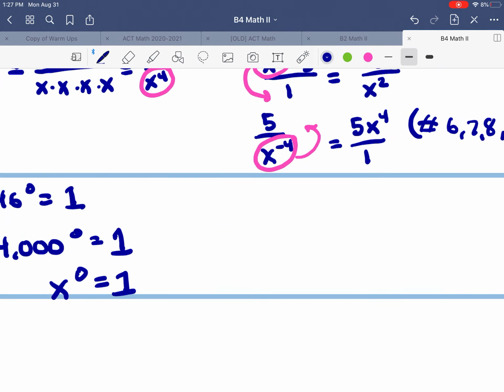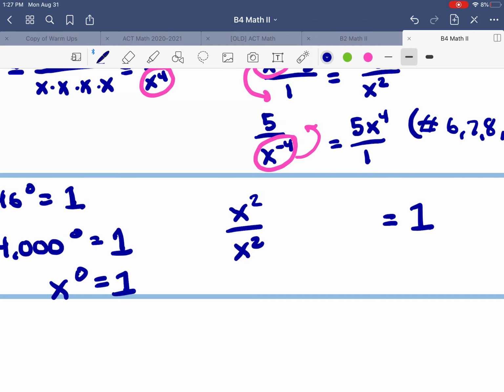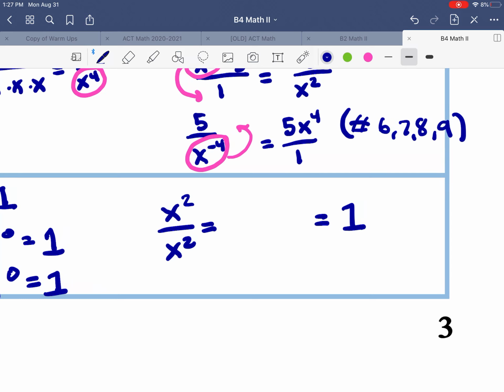they looked at things like x squared over x squared. When we look at this fraction, we know, because of normal math rules, that if we divide something by itself, since we have the same thing in the numerator and the denominator, that should be equal to 1. No matter what, that's a normal math thing.